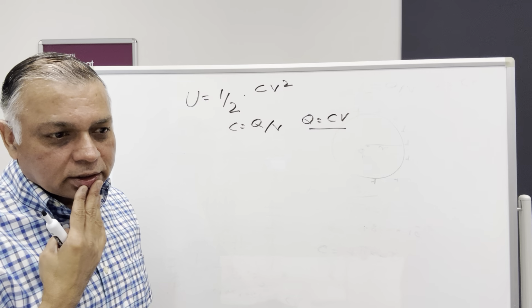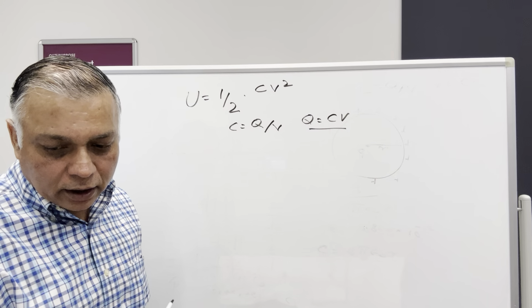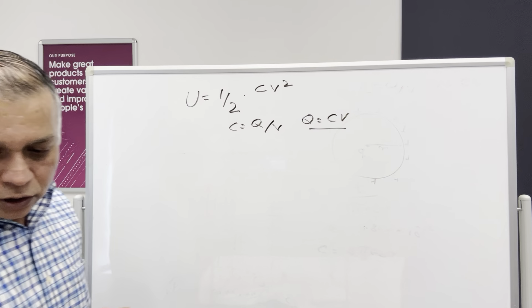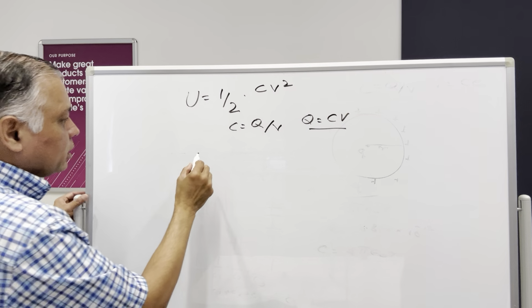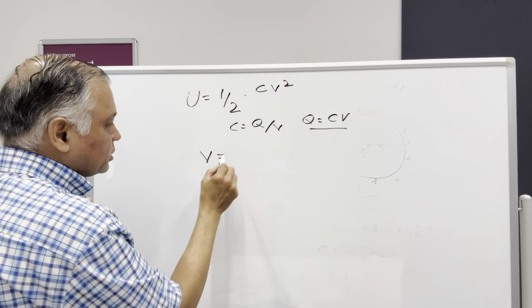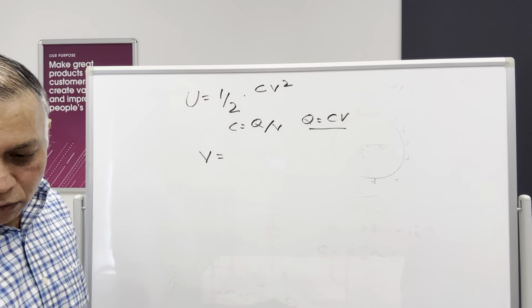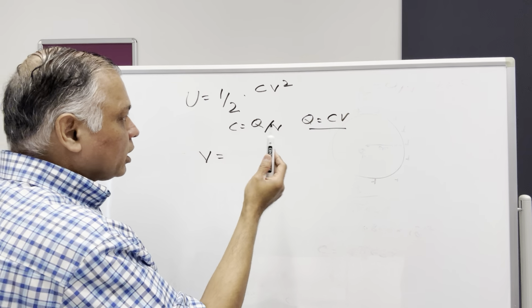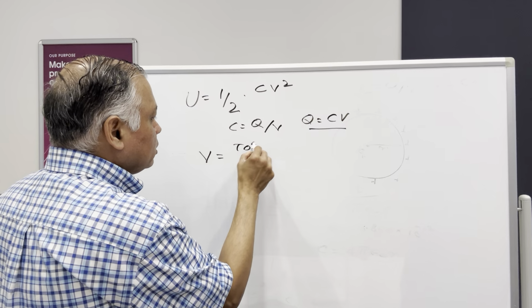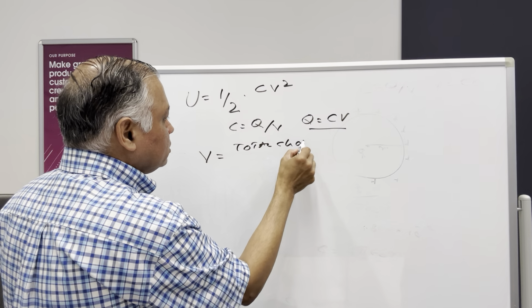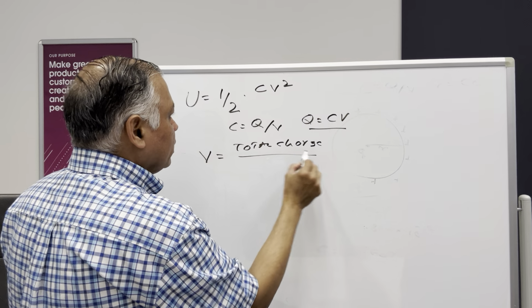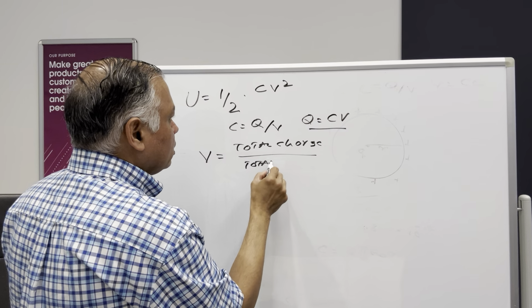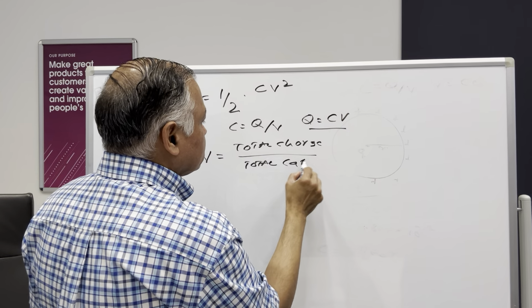What would be the resultant potential if these two are coming together? So it is nothing but V, the total voltage, when two capacitors are coming together, so it is total charge divided by total capacitance.